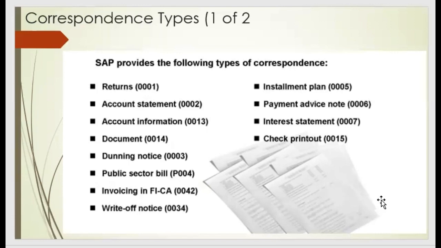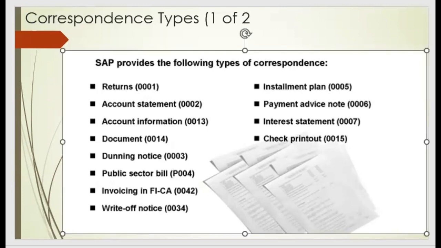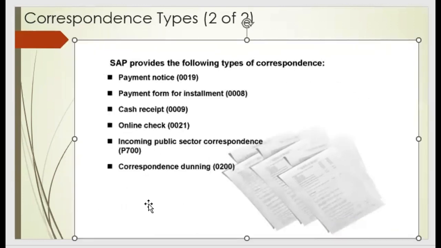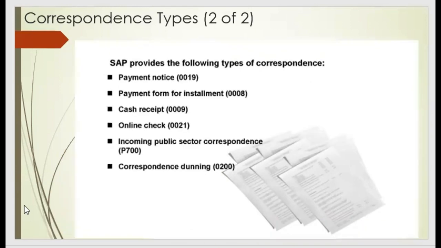Interest statement: based on their non-payment amount or security amount, we generate an interest statement and we send that to the customer or to the higher management. Check printout. Check printout means the current status of that person's non-billability or some stuff. That is check printout. We do that also.